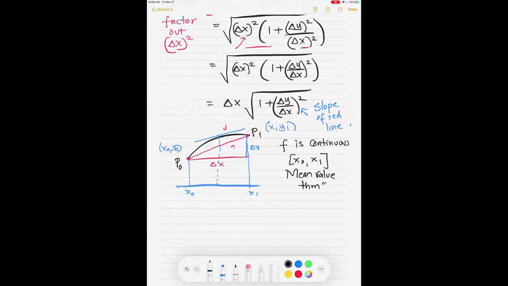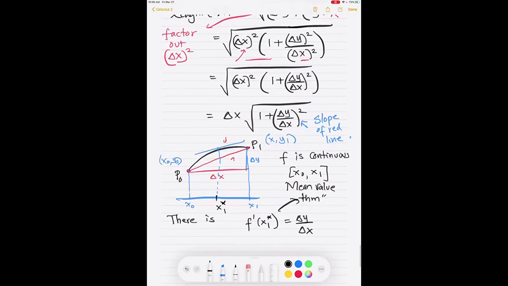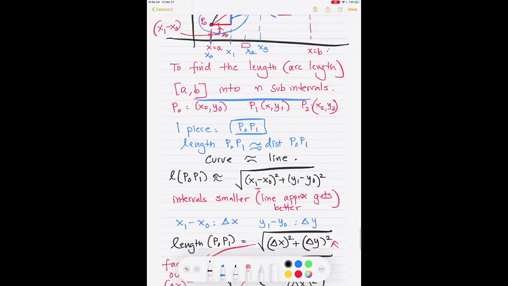So I'm saying there is a xi star, I'm going to call it x1 star, such that f prime at x1 star is delta y over delta x. Where is this coming from? From the mean value theorem. I'm going to finish this and take questions.